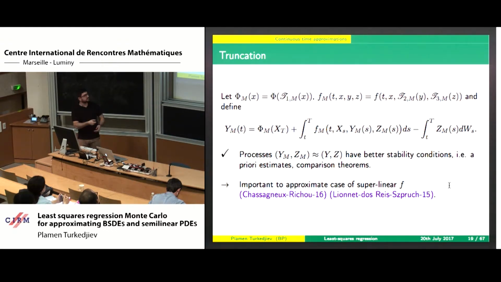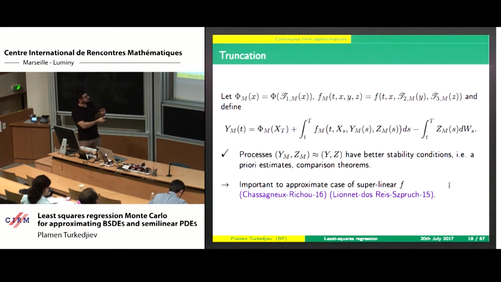We can smooth the functions phi and f. In fact, we can apply any kind of change that makes the problem a little bit better behaved, and then compute this more friendly version of the equation. So we still have a backward stochastic equation, but now our phi and our f are slightly more kind to us, so we solve more stable problems.